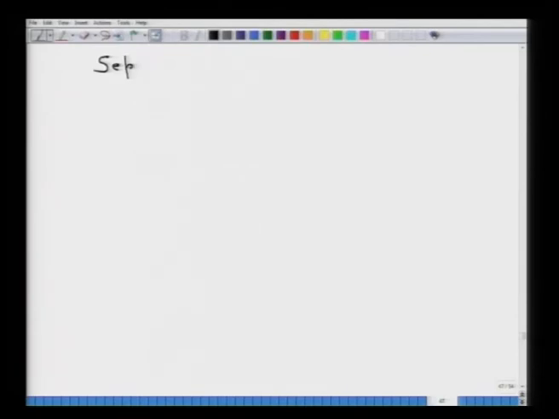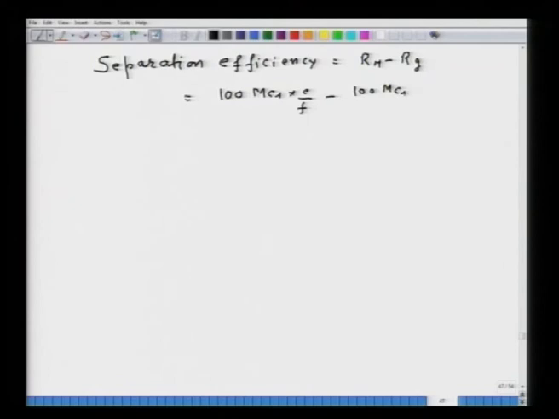So, the separation efficiency will be simply equal to R M minus R G. If I substitute the value of R M, it will be 100 M C 1 into C upon F, minus 100 M C 1 into M minus C upon M minus F.